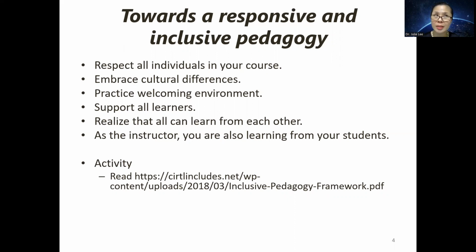We need to realize that all can learn from each other, including the university lecturers, like you, like me, from our own students. You can see a link at the bottom of this PowerPoint slide. There is a very good website on inclusive pedagogy framework, which you can read for further information about how you can implement responsive, inclusive pedagogy.